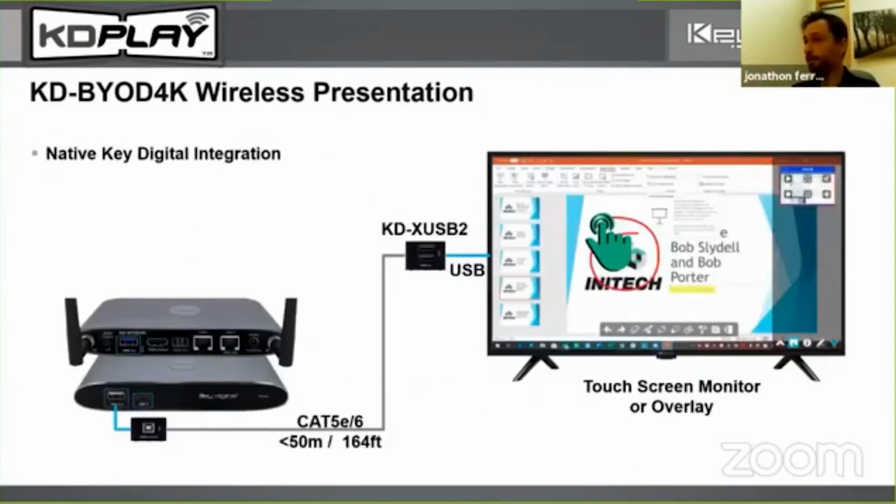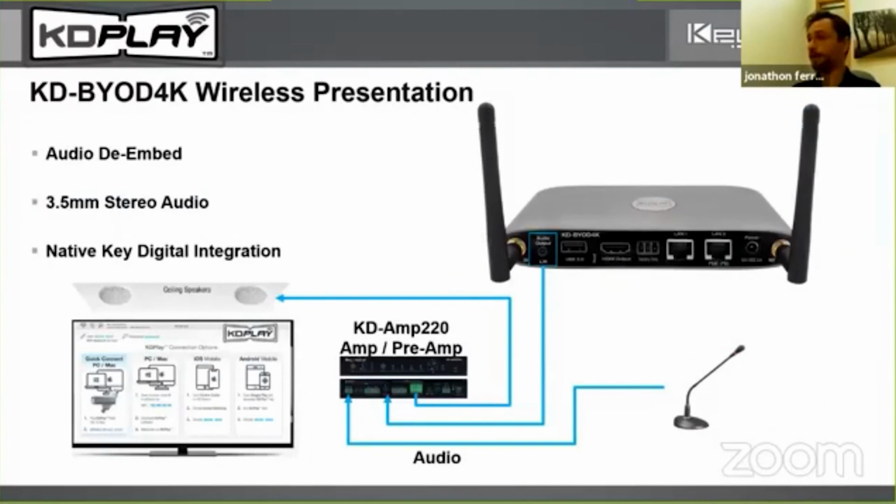And just like HDMI, USB is a connectivity that we have various devices for extending those signals. For example, with our XUSB 2 extender, now that USB signal can go up to 50 meters. And audio as well is another strength here at KeyDigital. So we see, for example, this feeding our mixer amplifier.